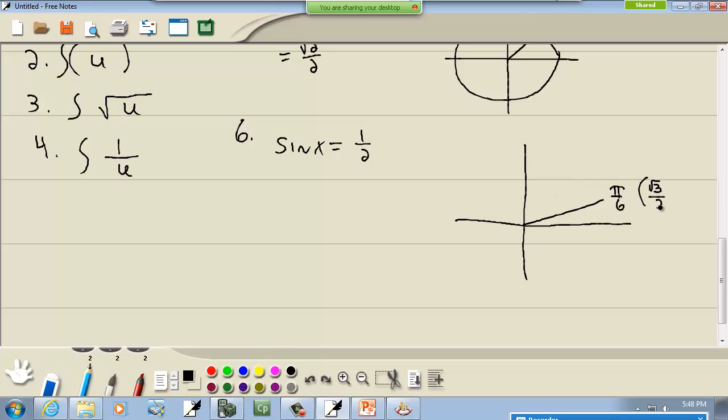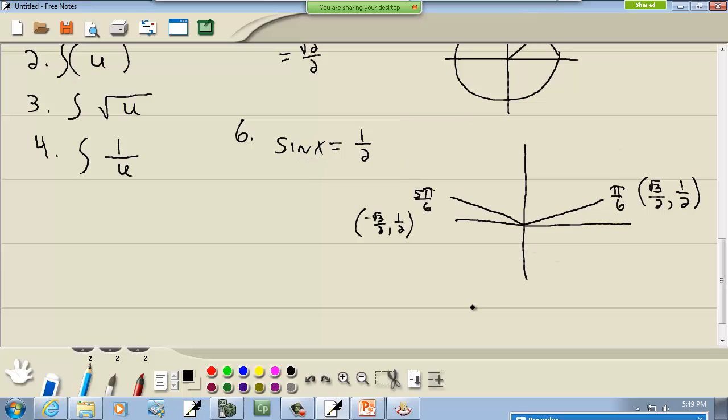There we go. If we look on our unit circle, actually, let me finish doing this. There we go. If we look on our unit circle, we're asking when is sine of what is equal to 1/2.